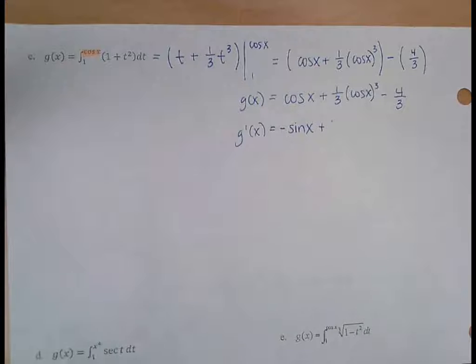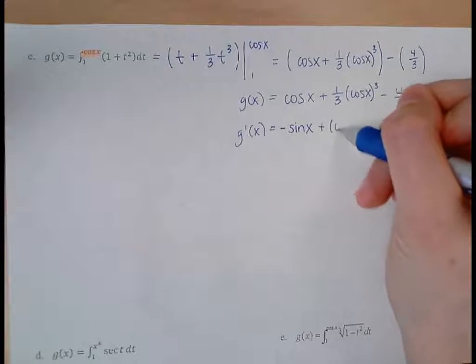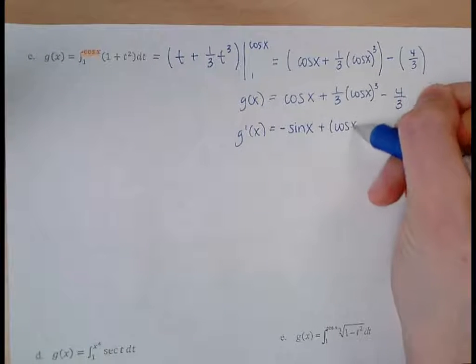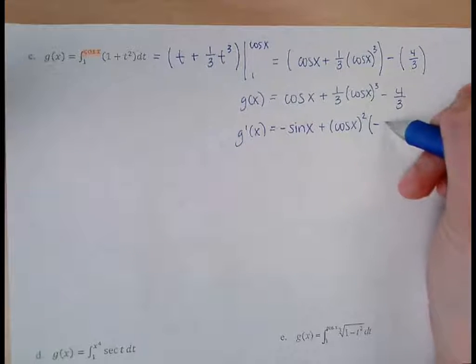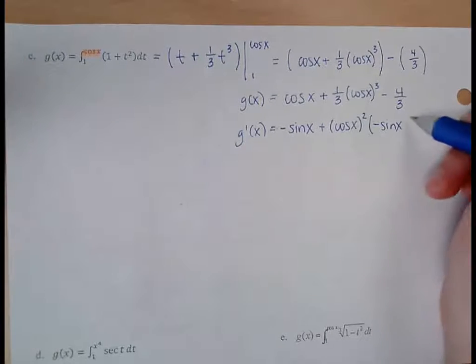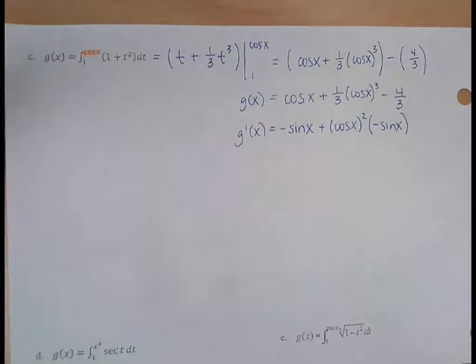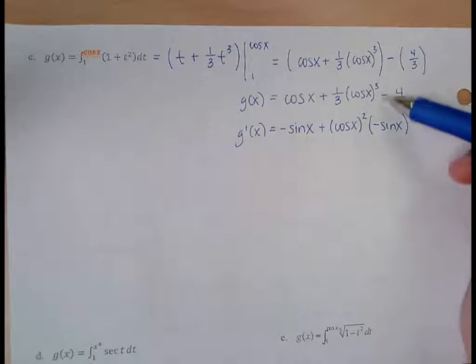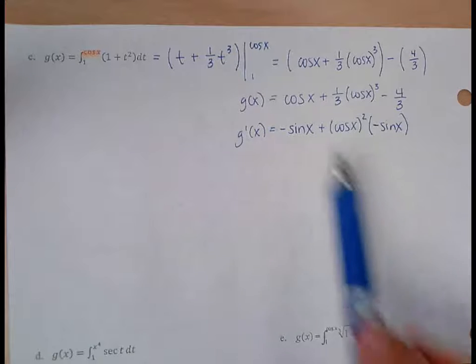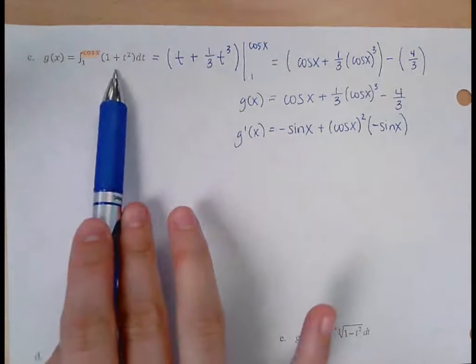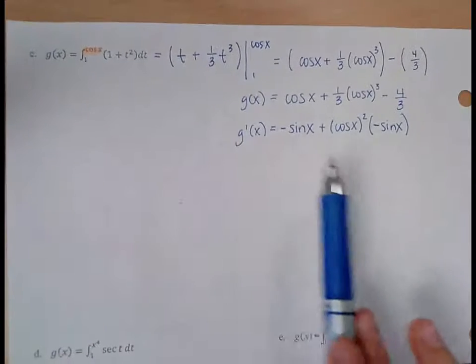I know some of you are combining things. So plus, it'd be cosine of x squared times the derivative of cosine, so times negative sine of x. And then the derivative of the minus 4/3 is 0. So that is the derivative. You can see it is not 1 plus x squared. It's not f of x.